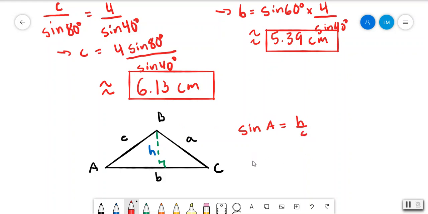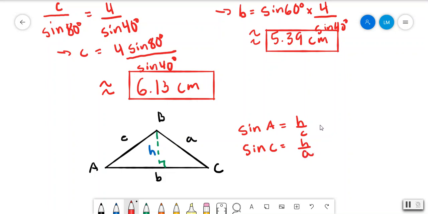Okay, but let's see, if we use sine of C, so sine of C is equal to, let's see, yes, that's going to be h over a.